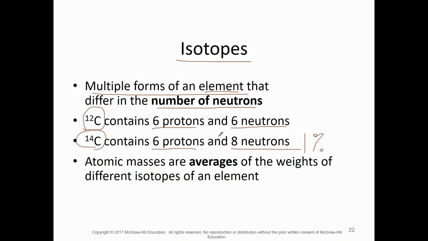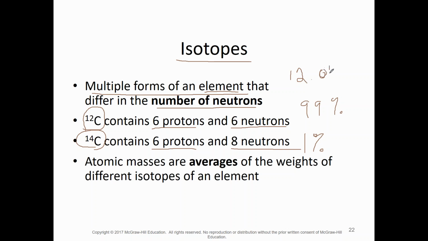Interesting thing: when you're trying to figure out the average atomic mass, you have to average out the masses of all the carbon-12s, let's say, and then you factor in the mass of the 1% out there, the carbon-14s. And when you do that, the average mass of a carbon atom is actually 12.011.